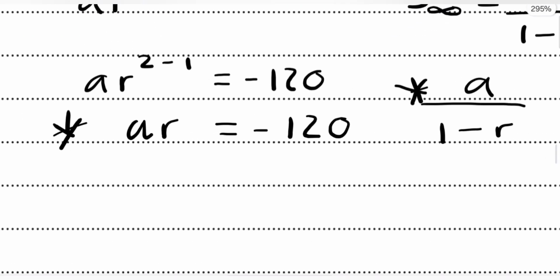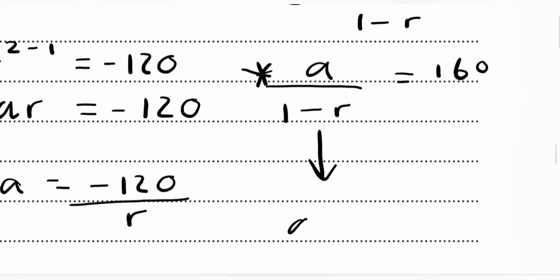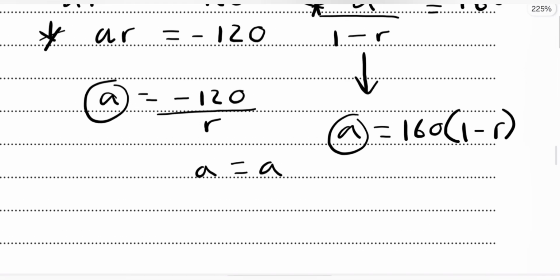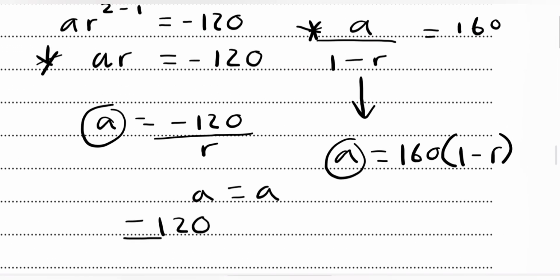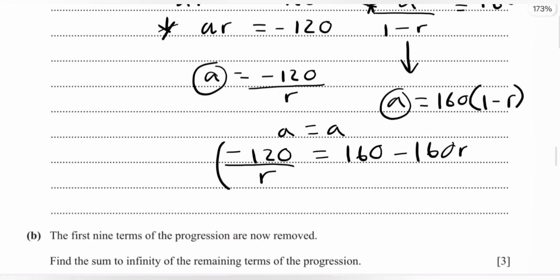So making a the subject in the first equation, you can see that a is minus 120 over r, and for this one a is equal to 160 times 1 minus r. And so a is always equal to a, so minus 120 over r should be equal to 160 minus 160r. And to clear off this fraction, we're going to multiply everything by r.